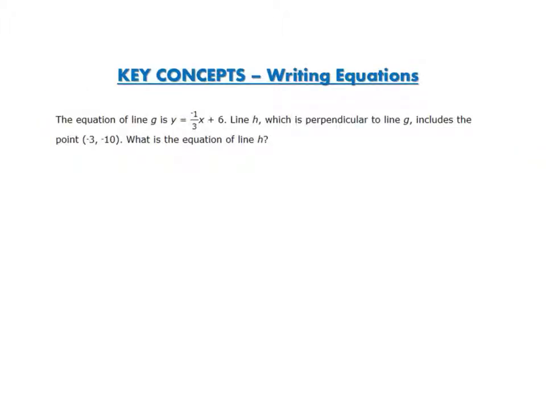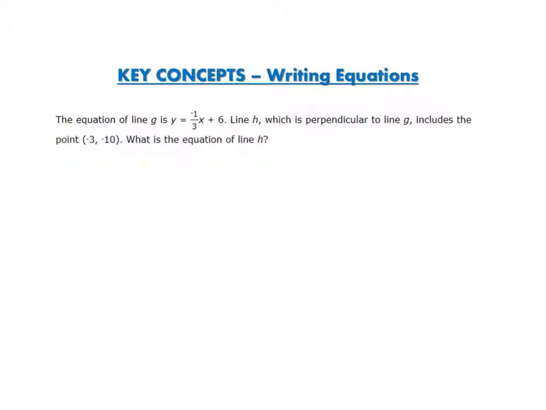The equation of line G is y equals negative 1/3 x plus 6. Line H, which is perpendicular to line G, includes the point (-3, -10). What is the equation of line H?